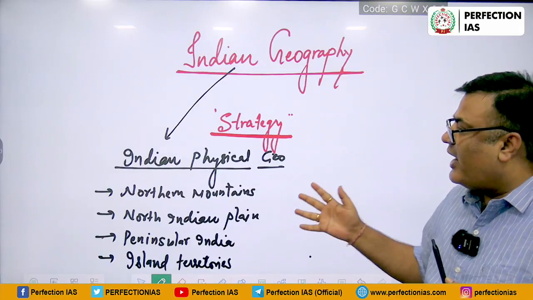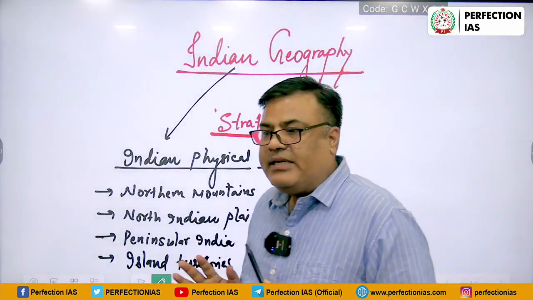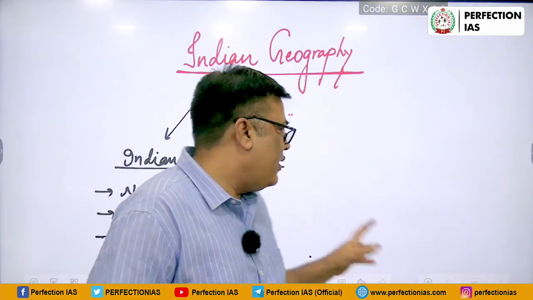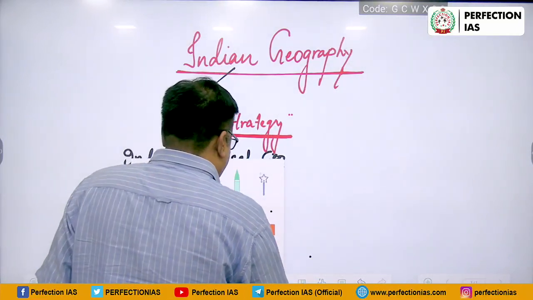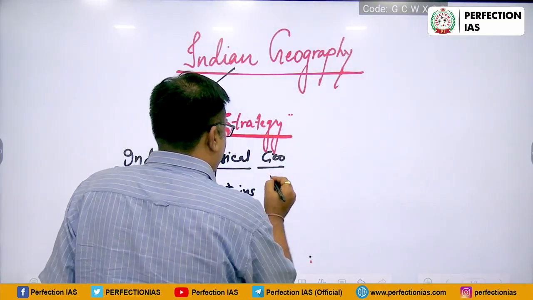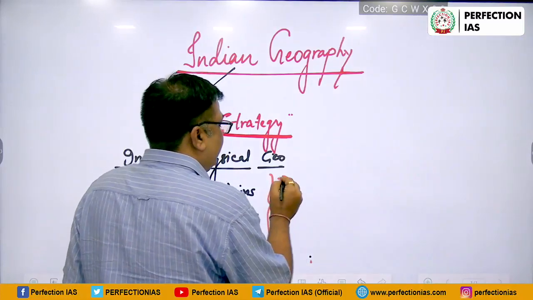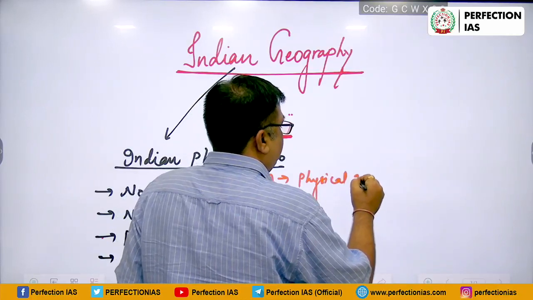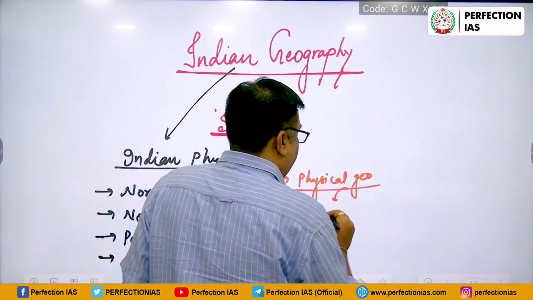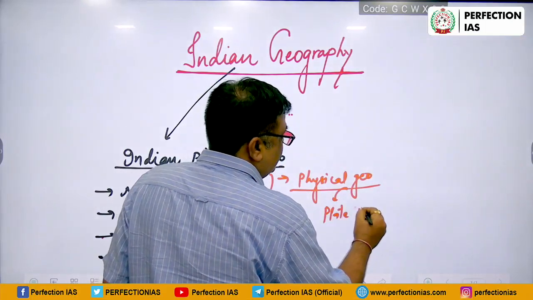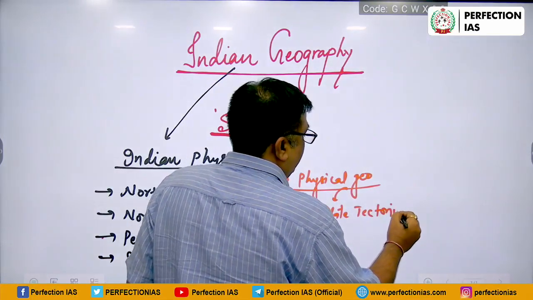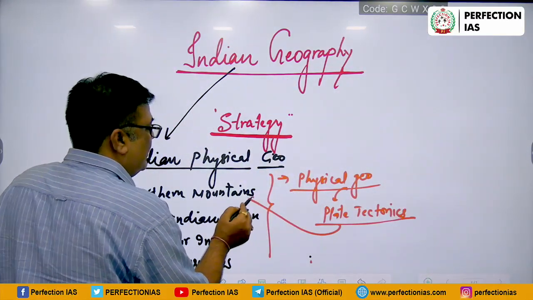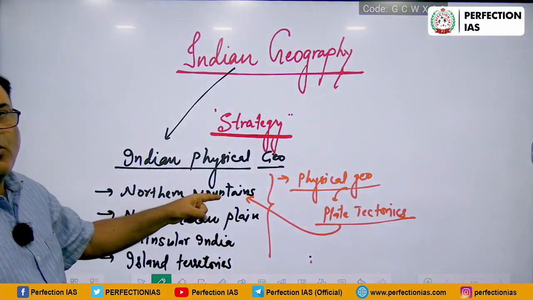These four parts need to be prepared very reasonably. Means here we have to learn what should be the application of the information and the knowledge we have got from physical geography. Like here we have learned about plate tectonics, and obviously this plate tectonics helps in understanding the theory of northern mountains.